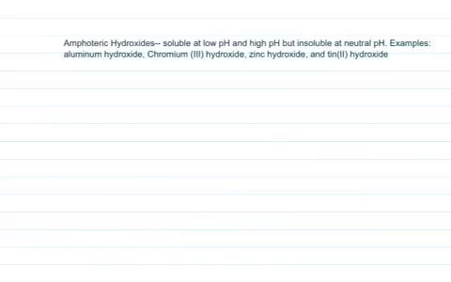Now, one thing I want to make sure you understand, amphoteric hydroxides, remember amphoteric means able to act as either an acid or a base. They're soluble at low pH and high pH, but are insoluble at neutral pH, pH of 7. Examples of this are aluminum hydroxide, chromium 3 hydroxide, zinc hydroxide, and tin 2 hydroxide.